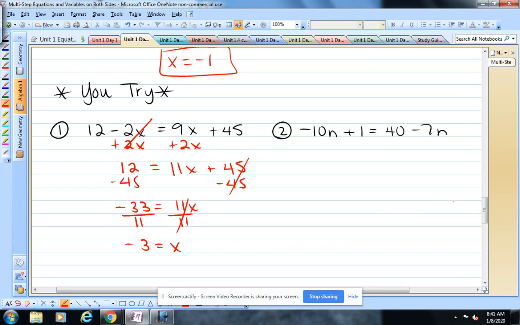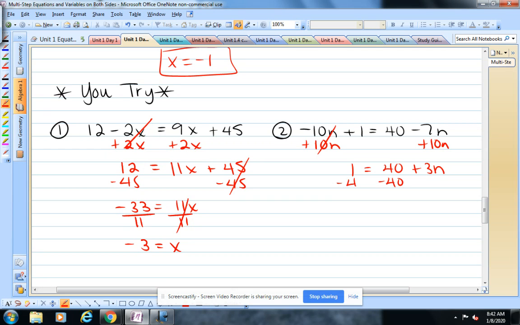All right. Could you have added 7 in? Yes. Hey, raise your hand if you added 10 in. Raise your hand if you added 7 in. Okay. About the same. I'm going to add 10 in because I'm like some of y'all. I like it to be positive. So if I add 10 in, I get a 40 plus 3n on the right-hand side, right? And then I want to get n by itself, so what do I do?